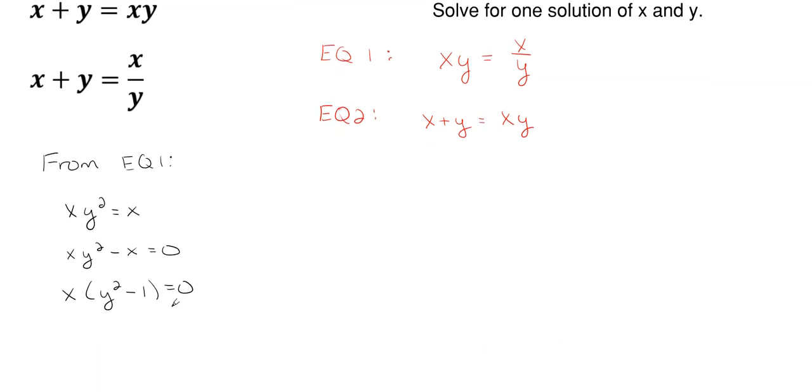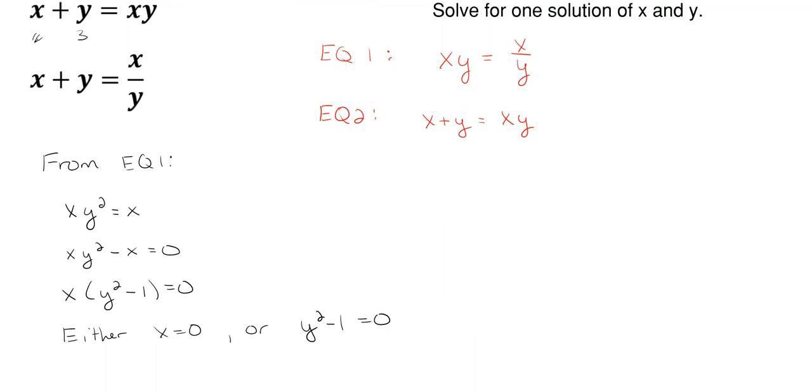In order for this to equal 0, you have two options: either x will be equal to 0, or y squared minus 1 will be equal to 0. Well, can x be equal to 0? Looking at the beginning equations, let's say y is just some number, like 3.